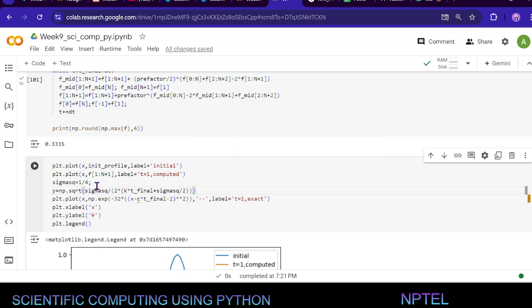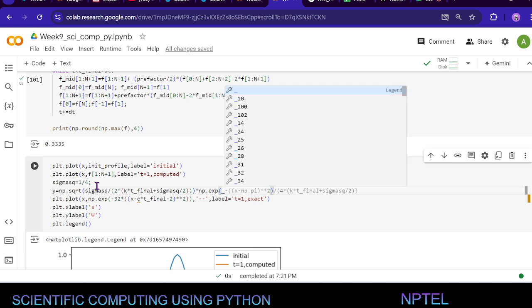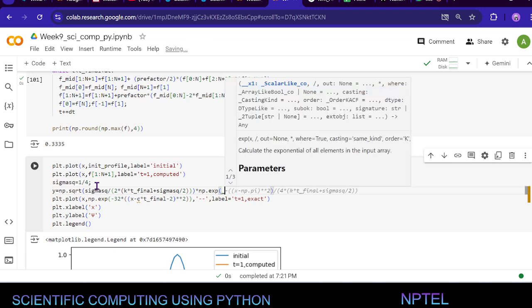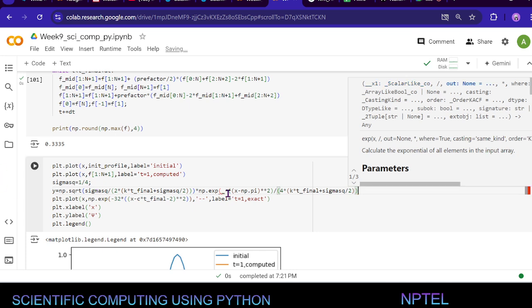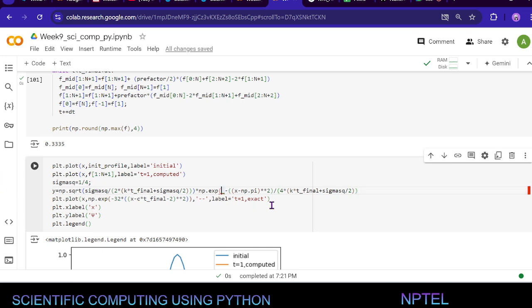And this entire thing multiplied by np dot exponential of minus x minus pi square divided by 4k t final plus sigma square by 2. I think this is correct? Let's see. It's correct.